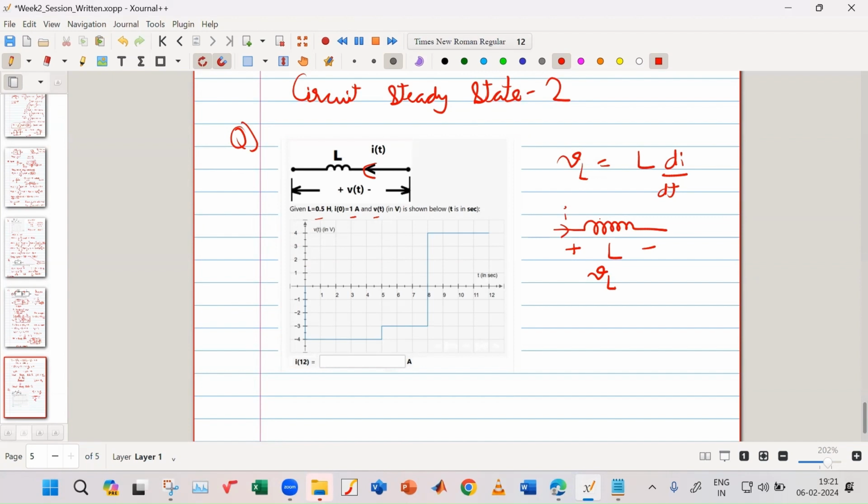But in our case, the current is in the opposite direction, so we have to take that into account. We have to remember that.